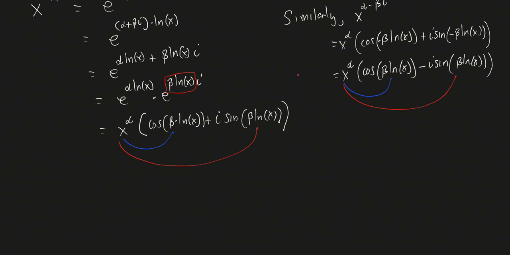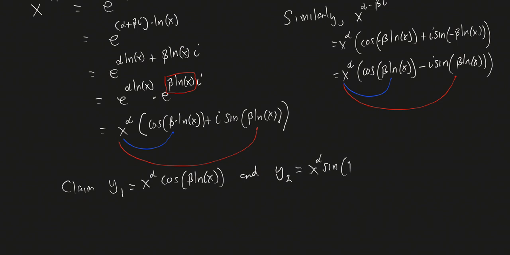So even if we superimpose these two, we can identify, so we're going to claim that y1 equals x to the alpha cosine of beta natural log of x, and y2 equals x to the alpha sine of beta natural log of x, are linearly independent functions and therefore form a fundamental set.